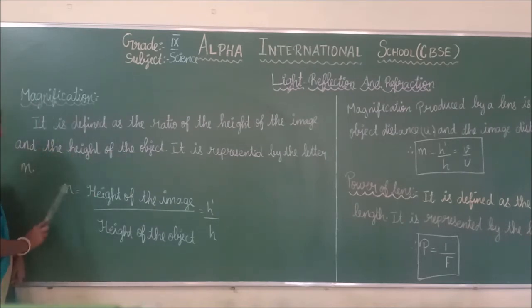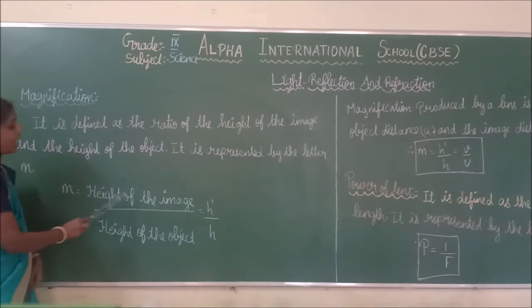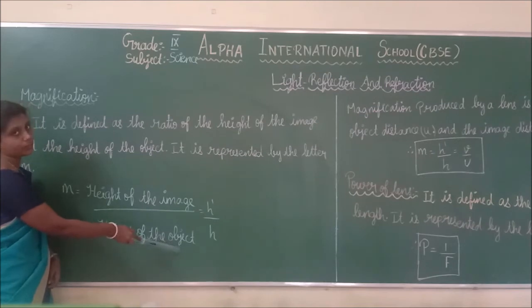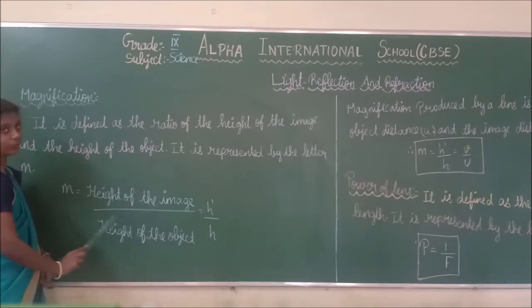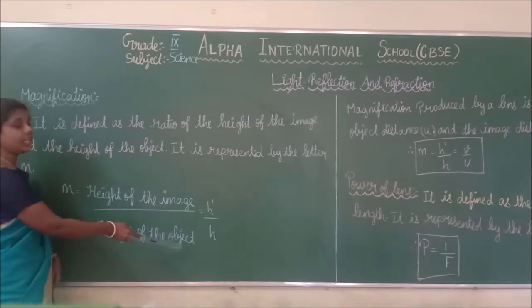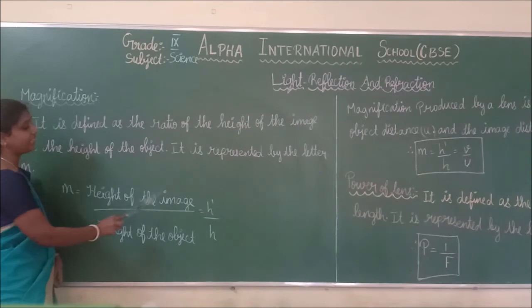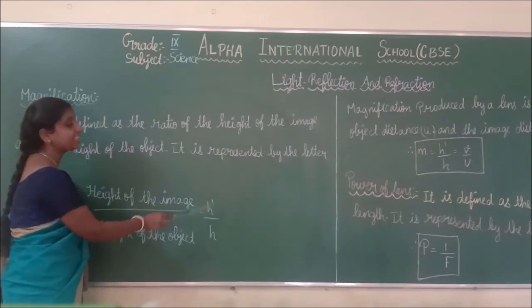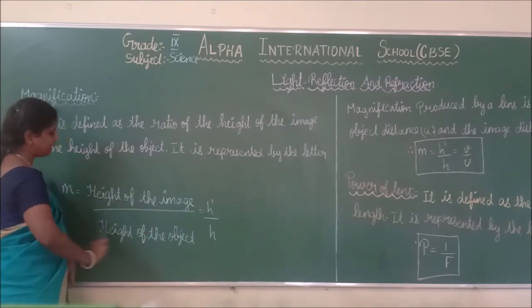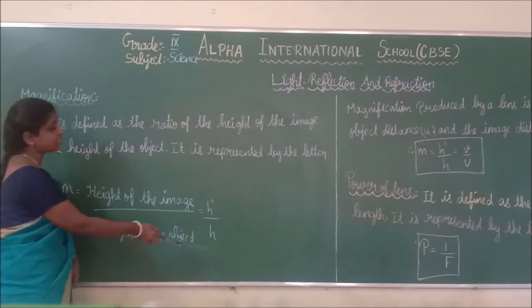Do you understand? Next, m is equal to height of the image divided by height of the object. Height of the image we can give as h dash, and height of the object is h.